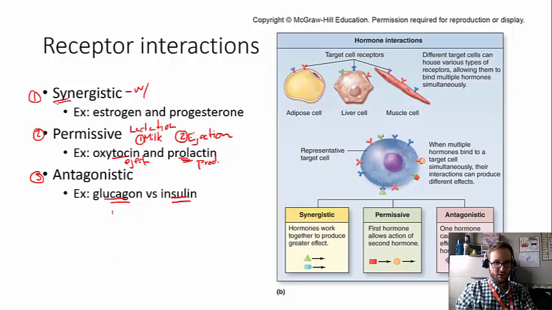Glucagon is going to work to raise blood sugar, and insulin is going to work to lower blood sugar. For example, if you have a liver cell or an adipose cell with receptors for both of these hormones, and one hormone is being produced in a much greater magnitude than the other, then you're going to result in having that response. And so these hormones are going to interact with each other at the target cells.